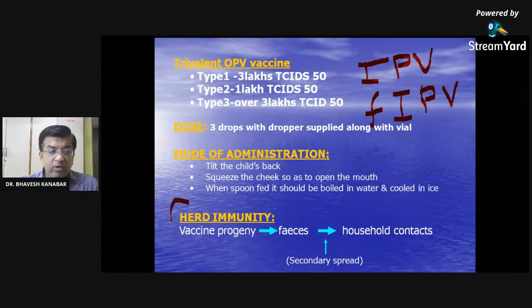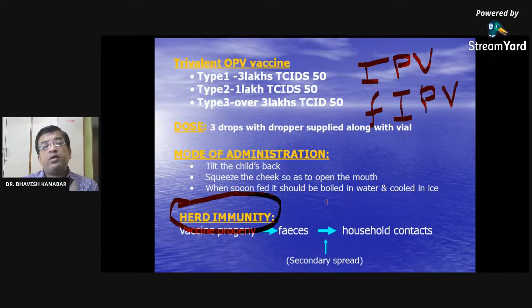Meanwhile, I tell you about herd immunity. We are hearing about this word in corona also, herd immunity. Herd immunity means what? Just have a clear concept about this. If there are 100 persons, and about 70 to 80 persons are protected by vaccine, right? So the rest of the 20 who are unimmunized are also protected because the majority have taken the vaccine.